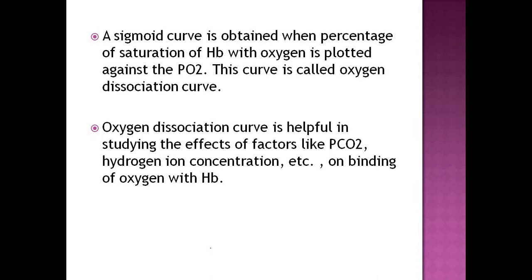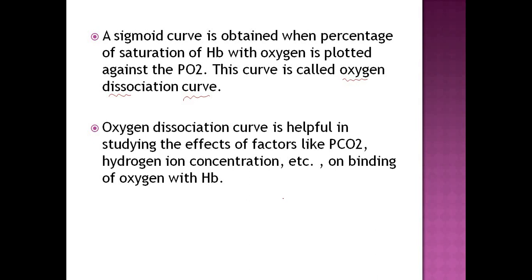A sigmoid curve is obtained when the percentage of saturation of hemoglobin with oxygen is plotted against the partial pressure of oxygen. This curve is called the oxygen dissociation curve. When a graph is plotted between partial pressure of oxygen and hemoglobin saturation, this curve becomes S-shaped or sigmoid shaped, and that curve is called the dissociation curve of oxygen.